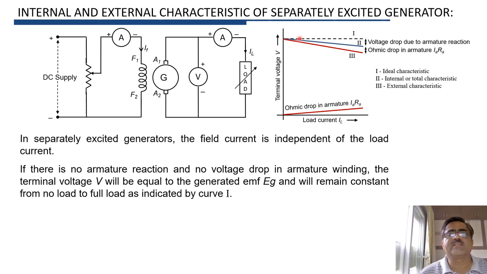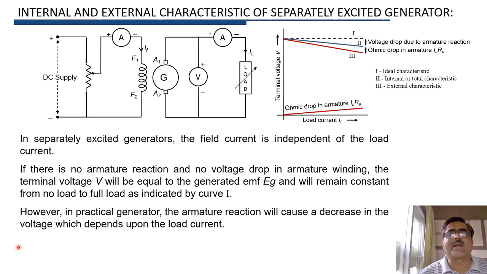This characteristic curve 1 is the ideal characteristic. In this case, terminal voltage will remain constant from no load to full load because the voltage drop in armature IARA is neglected, as well as the voltage drop due to armature reaction is neglected, and therefore this curve 1 is the ideal characteristic.